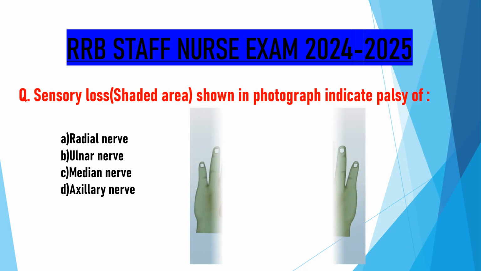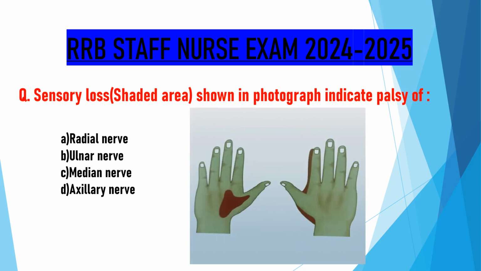Sensory loss shown in photograph indicates palsy of. That sensory loss is shown in the picture as a shaded area. So the options are radial nerve, ulnar nerve, median nerve, axillary nerve. So the answer is option A, radial nerve.